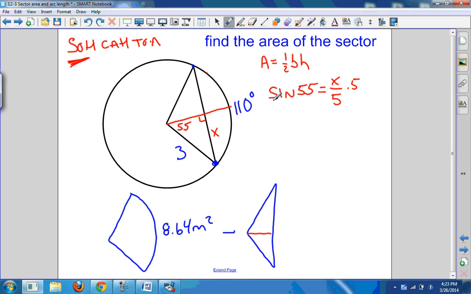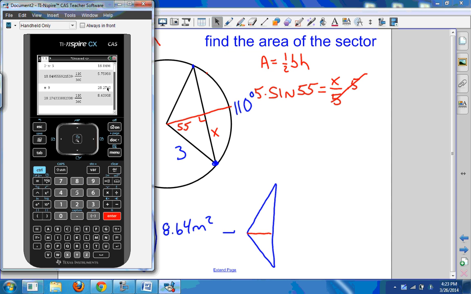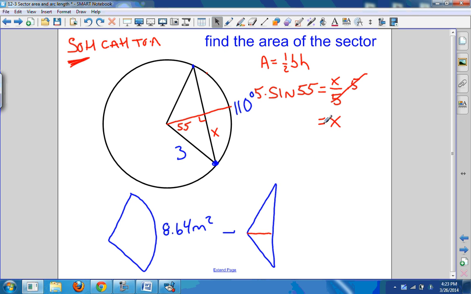Times 5, so 5 times the sine of 55 is equal to x. 5 times the sine of 55 degrees is equal to, it gives me something crazy, 4.0957, about 4.1. So x is equal to 4.1. That means this is also going to equal 4.1.